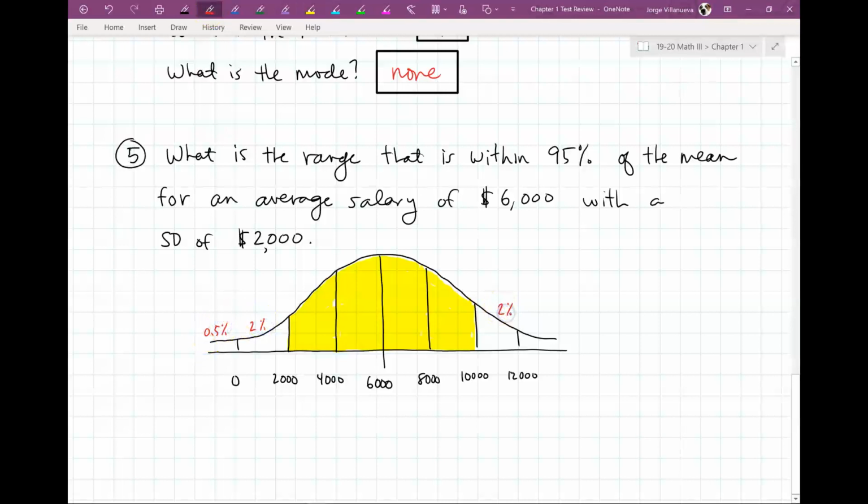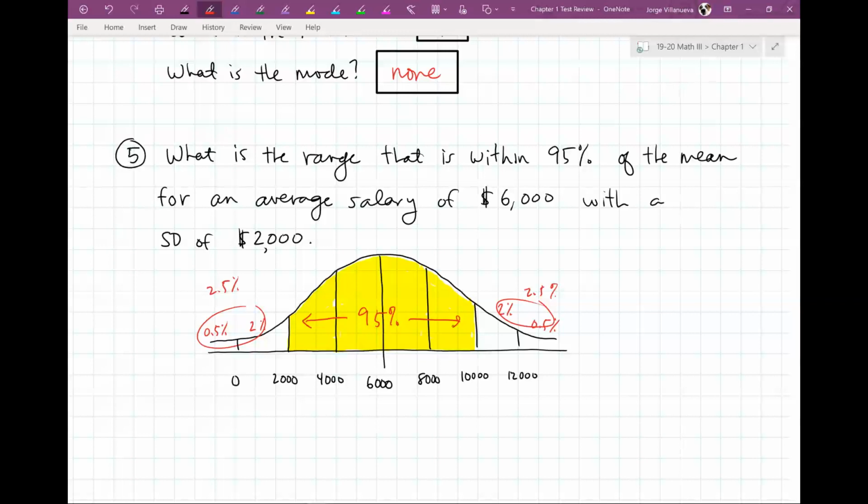So that means this is 2% and 0.5%. So altogether, this is 2.5 and this is 2.5. So that means that's 5 on the edges. So that means the rest on the inside has to be 95%. So all of this right here from here to here must be 95% of the data, because on the edges is 2.5 and 2.5. That's 5% total. So everything else must make up 95.